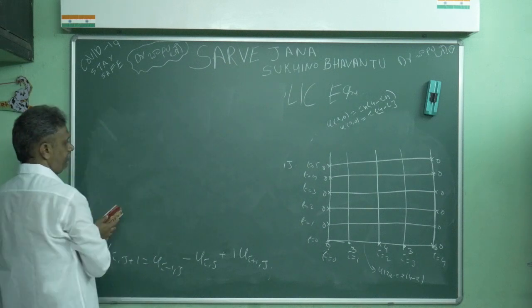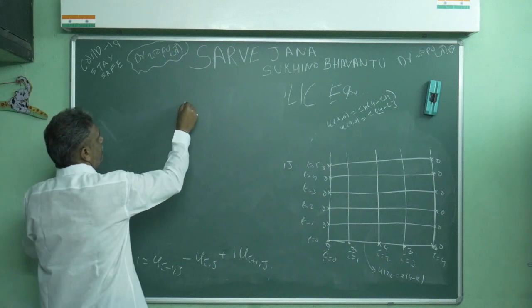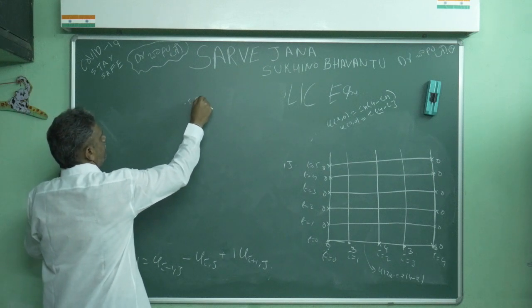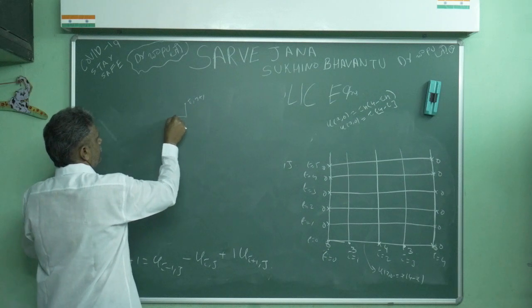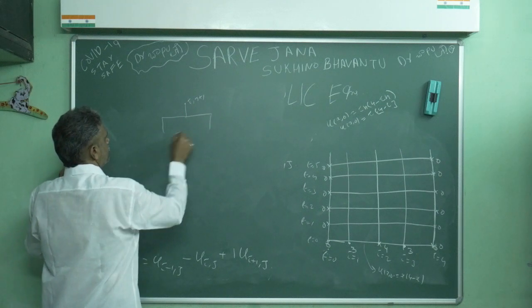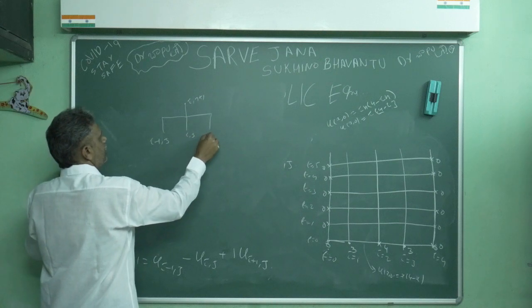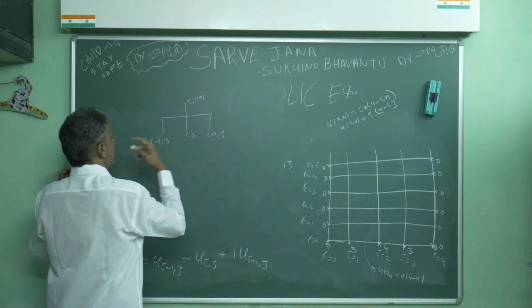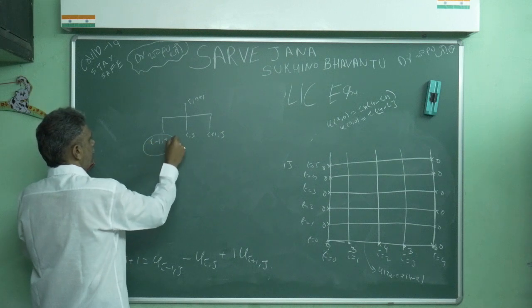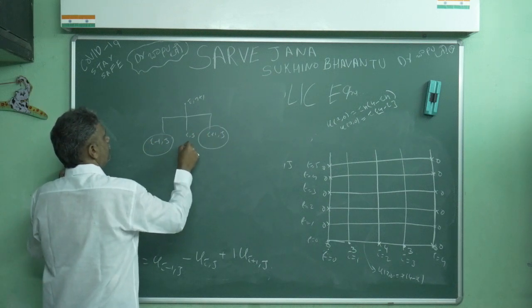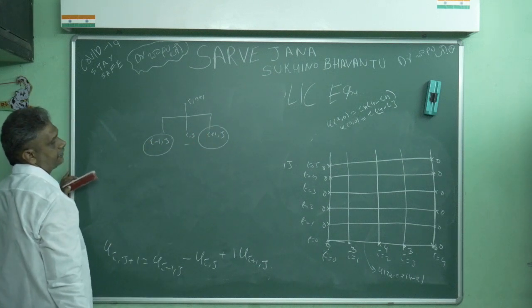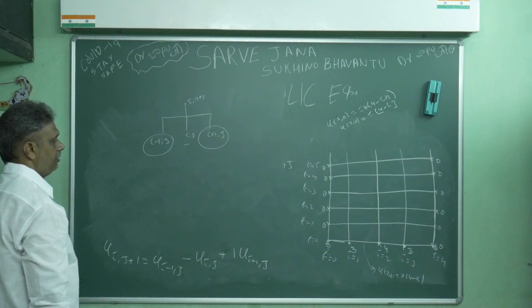This is the iteration. From this, what do you understand? To find the value at (i, j+1), take this value plus this value minus this value. Getting it or not?